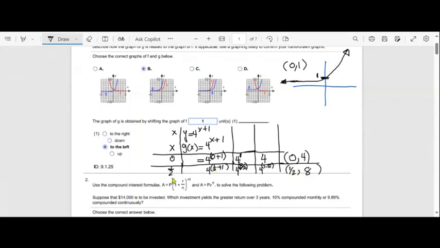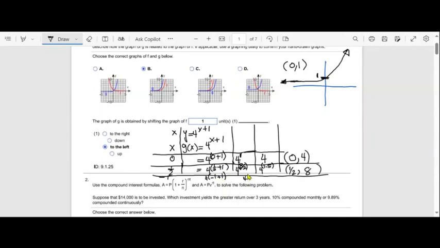Okay, so that's positive. Let's try a negative number. Let's say x is going to be negative 1. So in this case, we'll say 4 to the power of negative 1 plus 1.